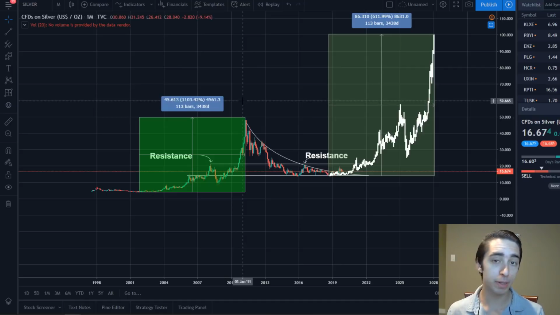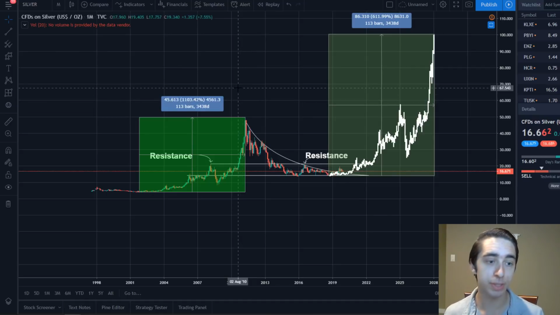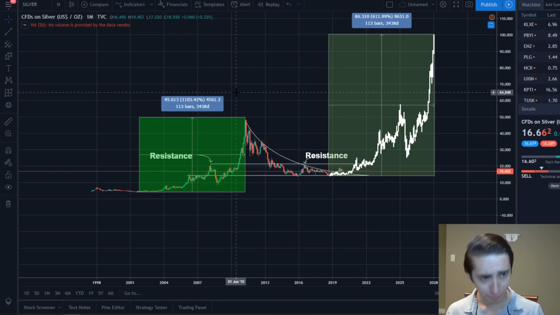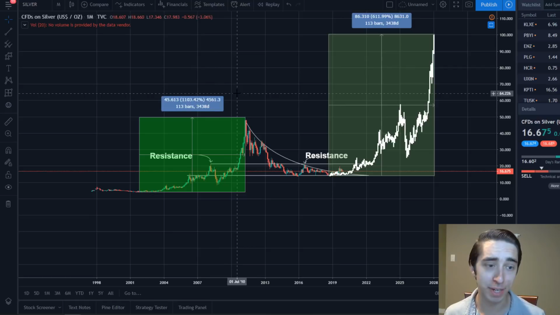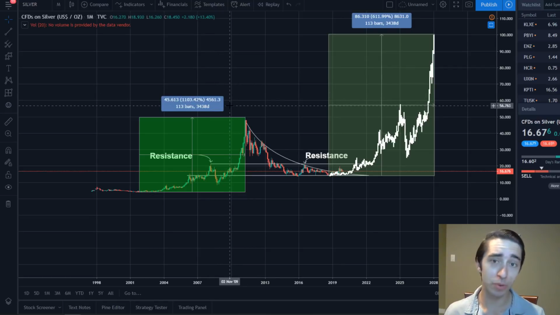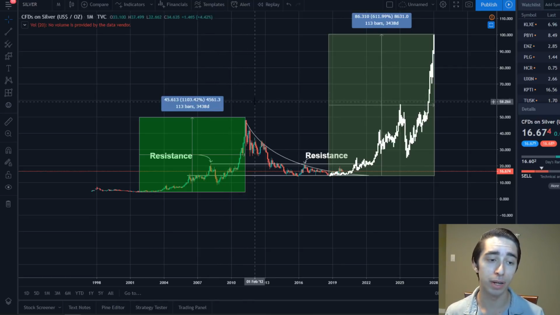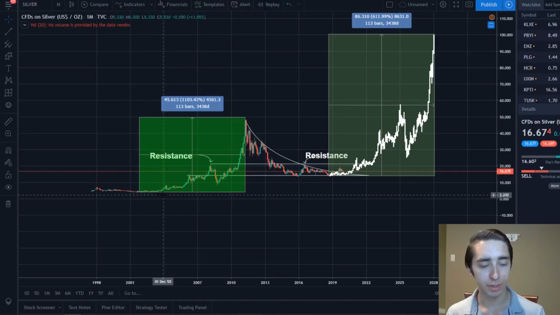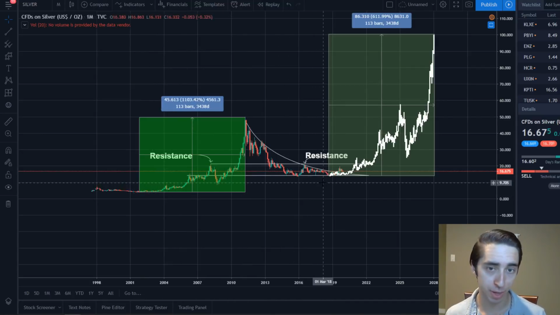So we're talking about a multi-year time frame here, guys. That's a very key thing to take away, right? If we're talking about 12 months in a year, this is more than a decade-long move, right? So it's very important to understand that we're working with much larger time frames.